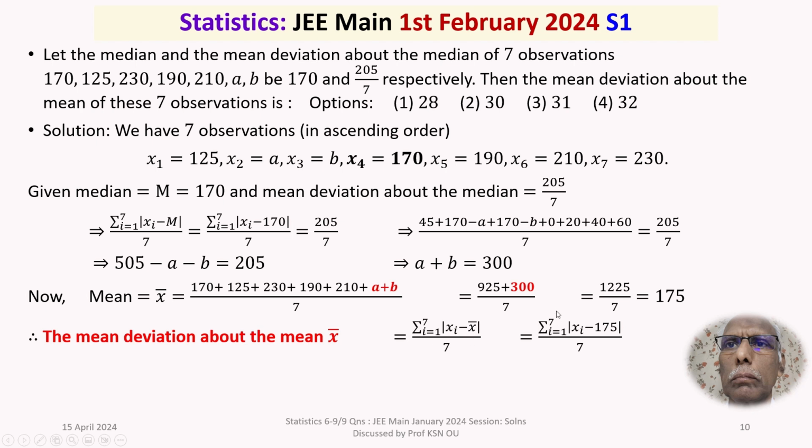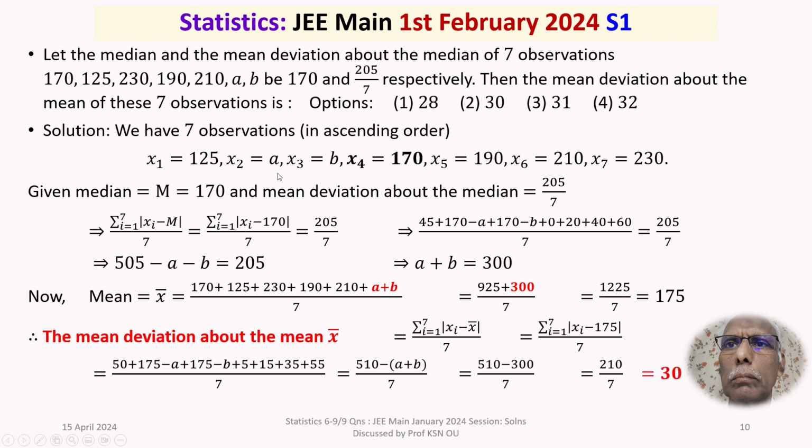That is equal to sigma i equals 1 to 7 |xi minus 175| by 7, and that will be 175 minus 125, 50, 175 minus A, 175 minus B, 175 minus 170, 5, 190 minus 175, 15, plus 35 plus 55, like that. So that will be 510 minus (A plus B) by 7, equal to 510 minus 300 by 7, that is 210 by 7, that is equal to 30. So the mean deviation about the mean x bar is calculated as 30.